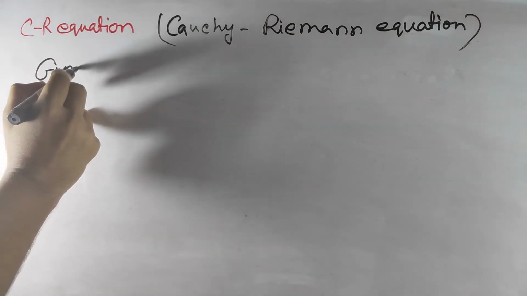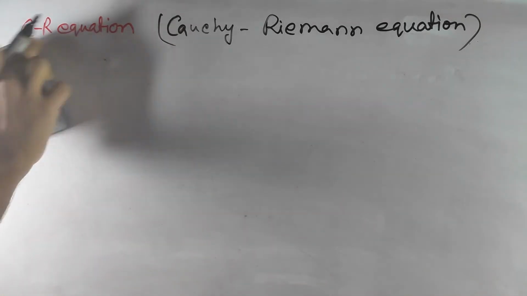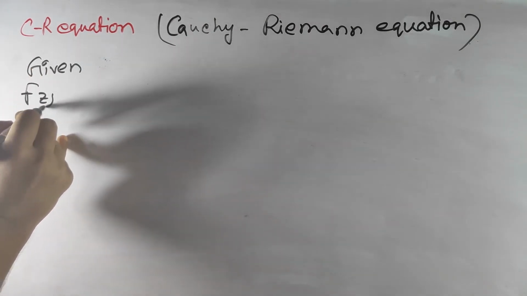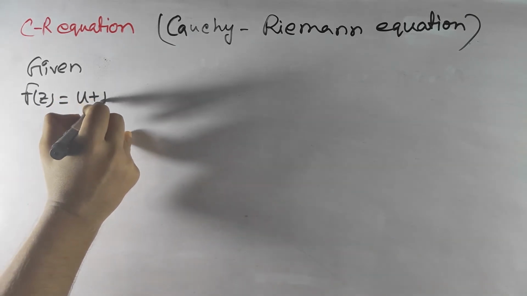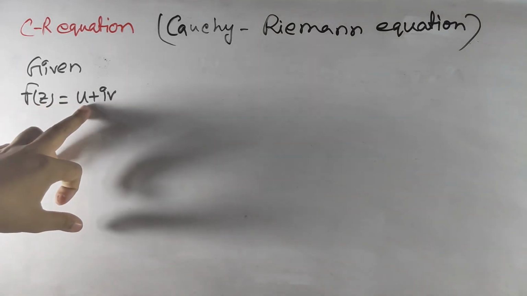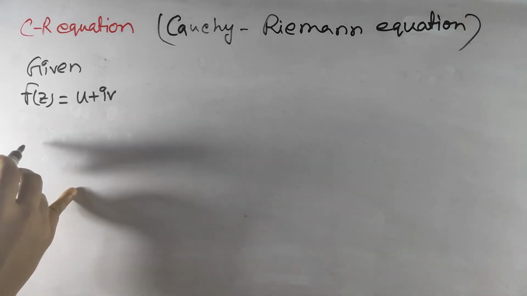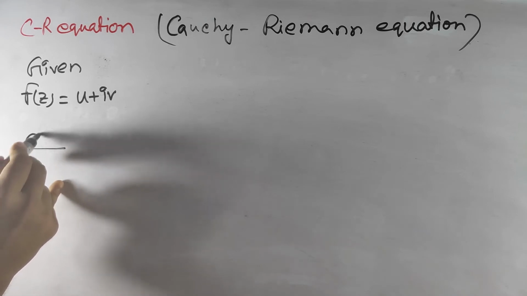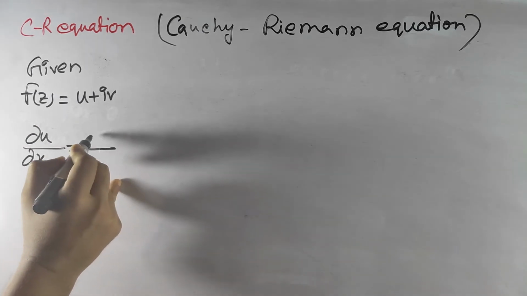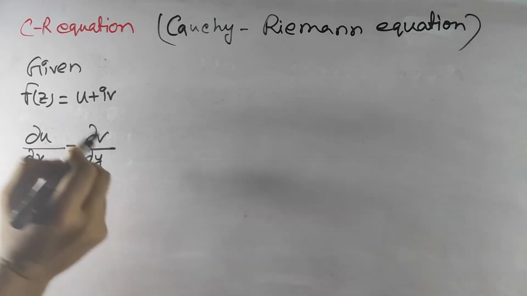Given f(z) = u + iv, let it be a complex variable function where u is a real function and v is an imaginary function, and two conditions: the partial derivative of the real part u with respect to x equals the partial derivative of the imaginary part v with respect to y.